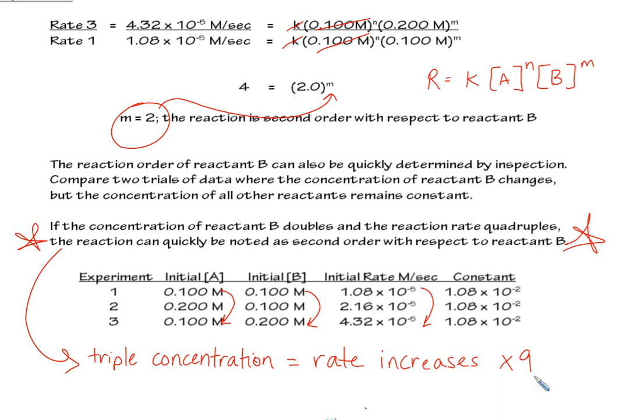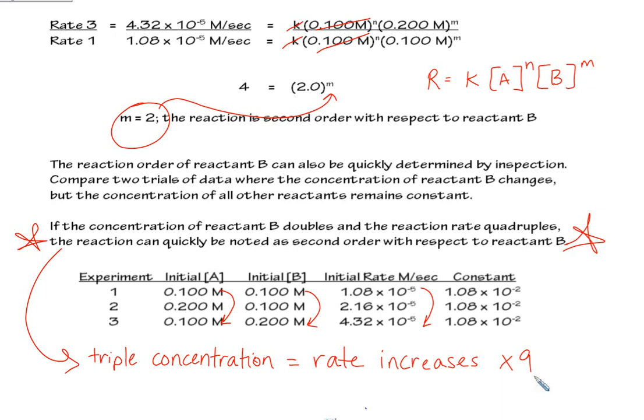We quadruple the concentration. What if the rate increases by 16? That's 4 to the second power. Now, most commonly, we double the concentration and we quadruple the rate. But it could be anything where that power ends up being a 2.